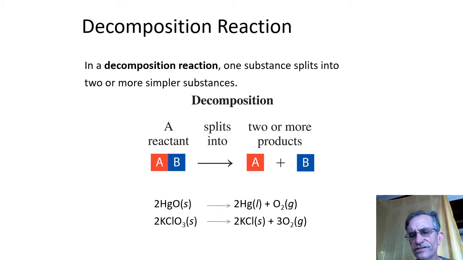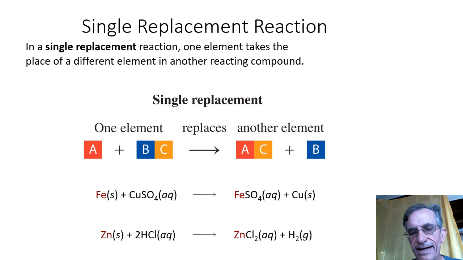Second, the opposite: divorce. Except we don't call it divorce, we call it decomposition. One thing breaks up into two things. If you split up a compound into smaller pieces, that's called decomposition. Third one we've talked about, single replacement. This is the sad one. A little family is so happy, somebody comes along and breaks up the family.